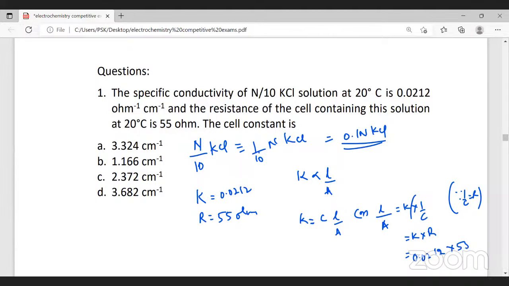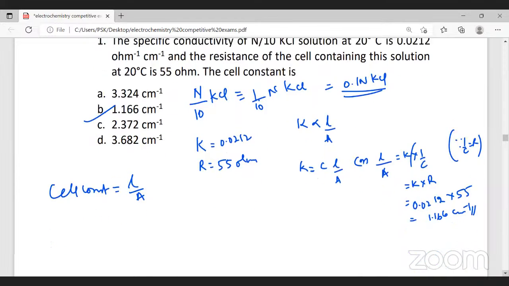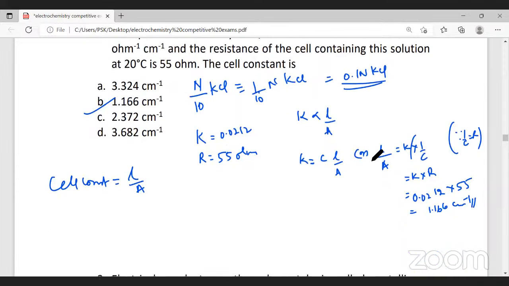Resistance is 55 ohms. On simplification, we will get 1.166 centimeter inverse. So the answer for this question is option B. Can you remember this formula? Cell constant is L by A. Cell constant is length by area. In terms of electrochemistry, cell constant is L by A.